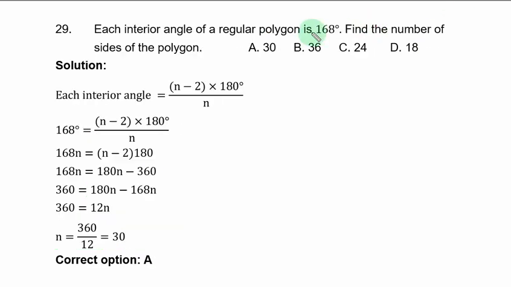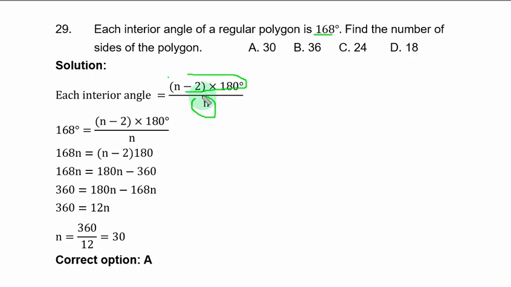Question 29. Each interior angle of a regular polygon is 168 degrees. Find the number of sides of the polygon. The sum of interior angles of a polygon is the numerator, while each interior angle you divide it by n.